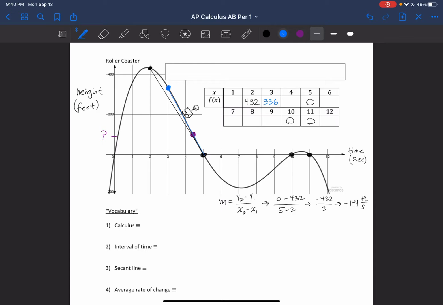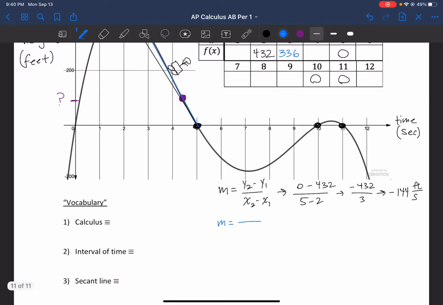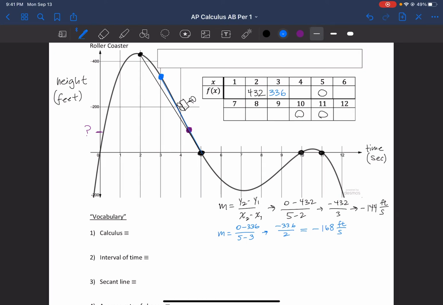If that elevation is 336 feet, again, I can find the slope of that blue segment: 0 minus 336 over 5 minus 3. So negative 336 over 2, and that actually is negative 168 feet per second. That gives us a better approximation of how fast this cart is going anywhere on this blue line.